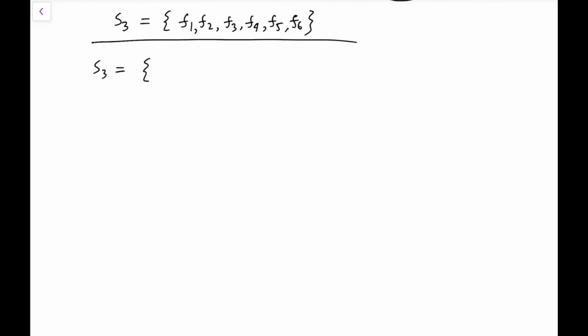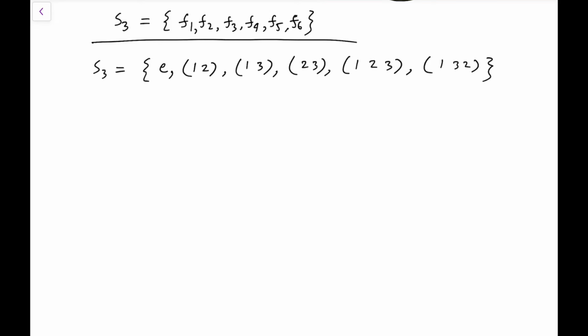So S3 will be: there is the identity element e, there will be a 2-cycle (1 2), there will be a 2-cycle (1 3), there will be a 2-cycle (2 3), there will be a 3-cycle (1 2 3), and there will be a 3-cycle (1 3 2).